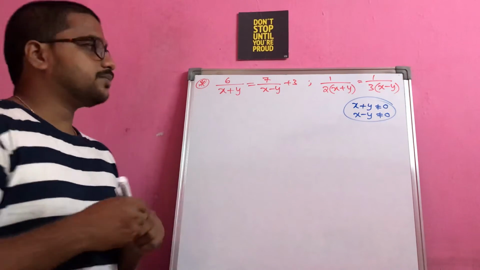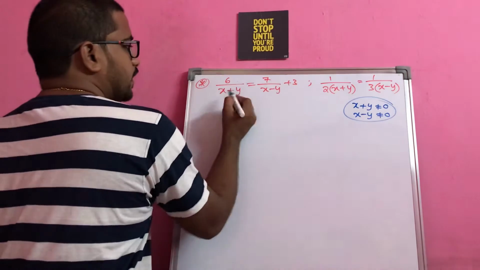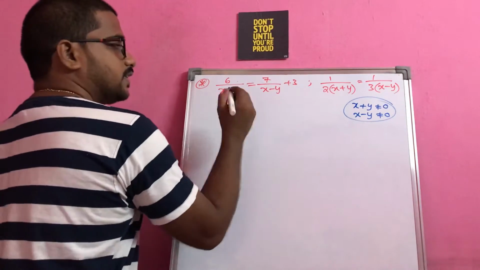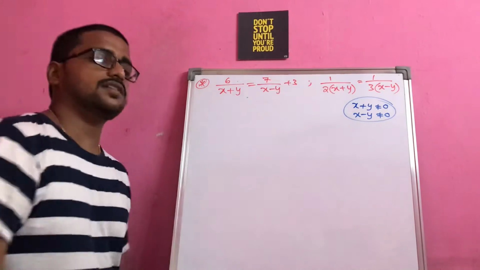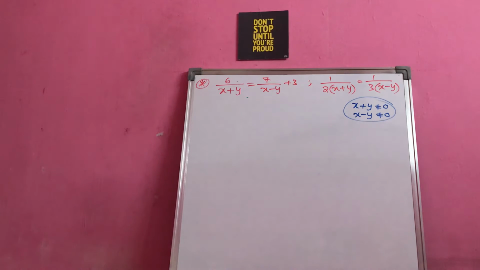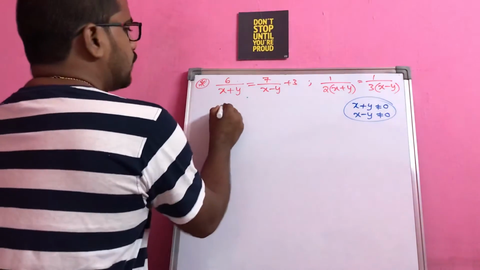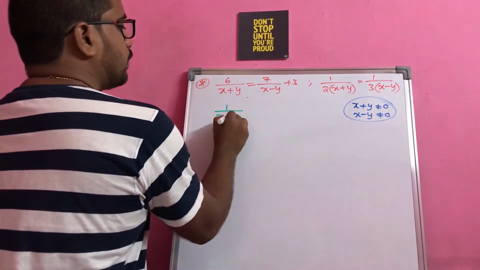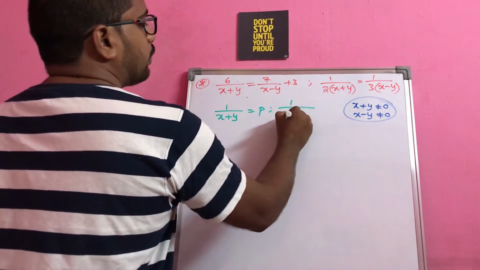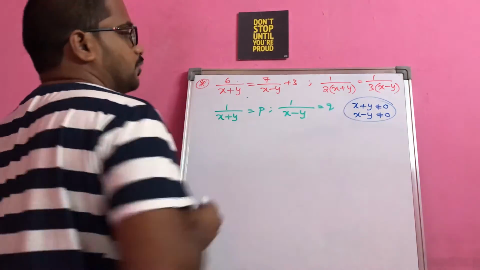Similarly here if you just observe, this something by x plus y is existing in the first equation as well as in the second equation. So you just try to take that 1 by x plus y as some another variable, something like a or b or p or q, it's up to you. So I am going to do that substitution. 1 by x plus y I will take as p, and another 1 by x minus y I will take as q.